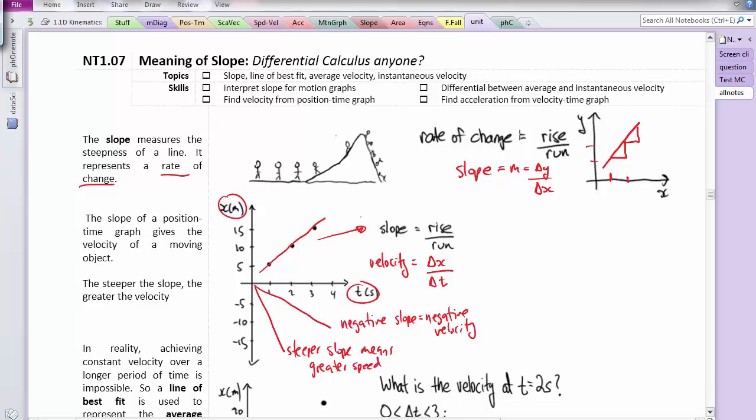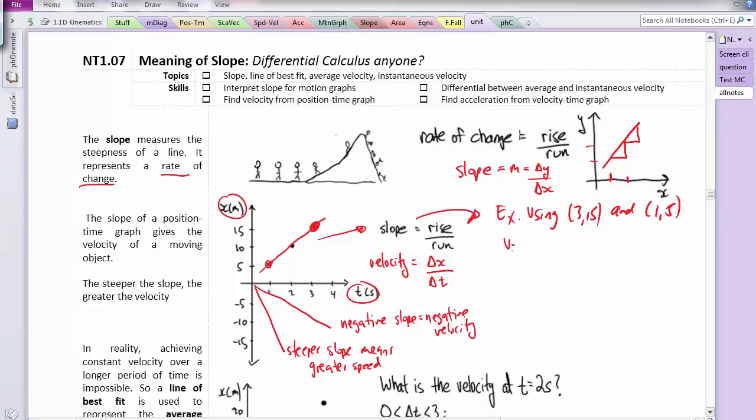Okay, so let's use this as an example to find the velocity here. Now we can use 2 points. Using the point 3 and 15, which is this point right here, and 1 and 5, which is this point here.